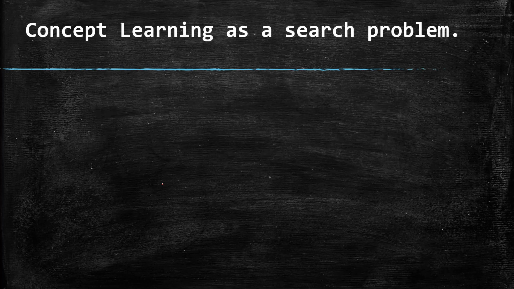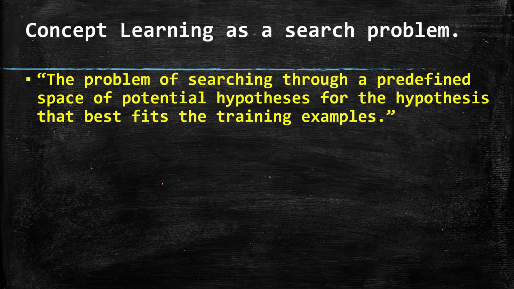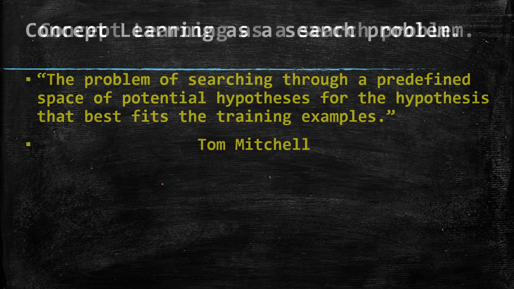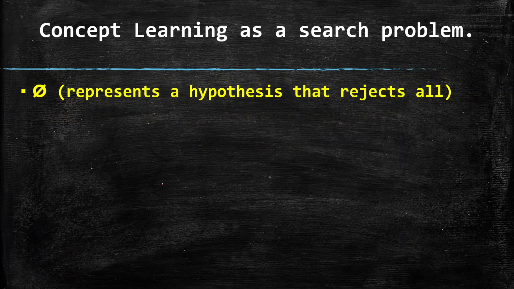Now, concept learning as a search problem. What are we searching? We are searching the hypothesis space for the best hypothesis. So concept learning is searching through the space of hypotheses for the best hypothesis. This is the definition given by Tom Mitchell, the author of the machine learning textbook.